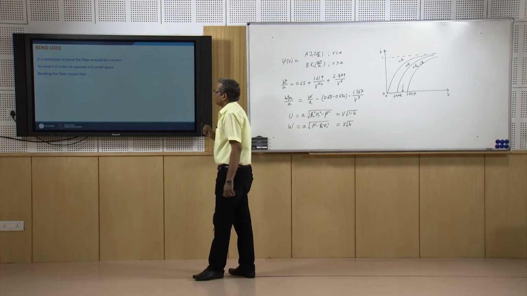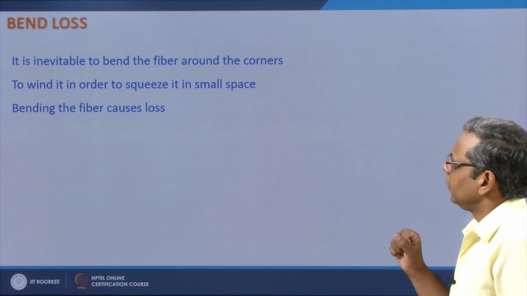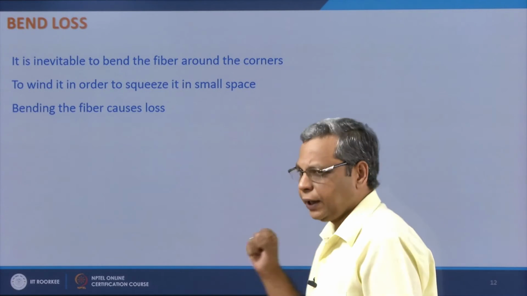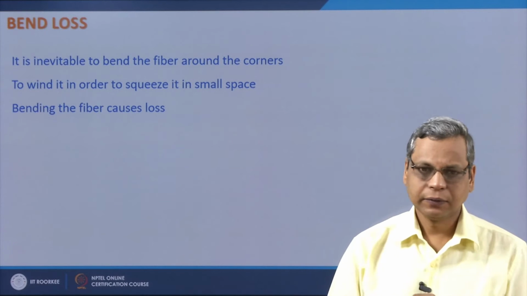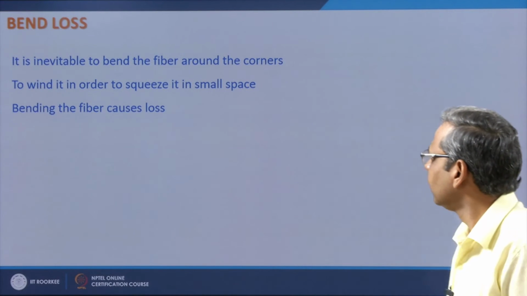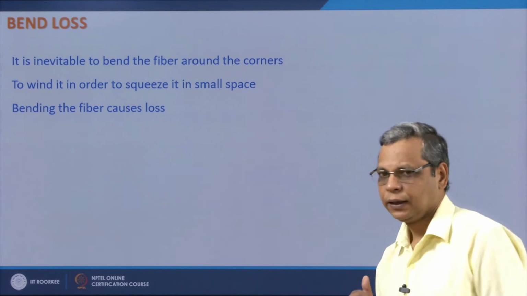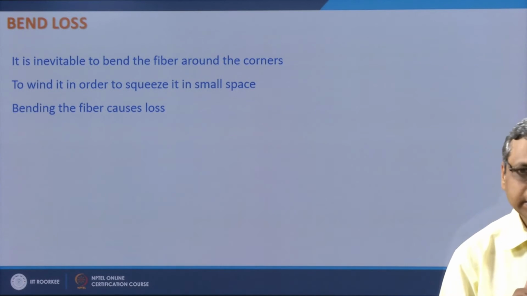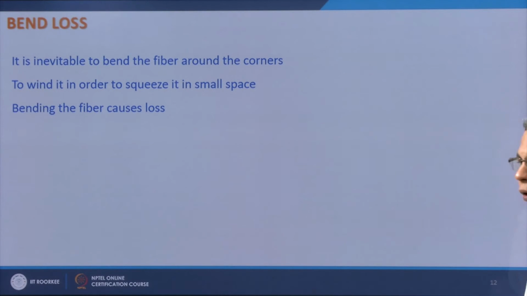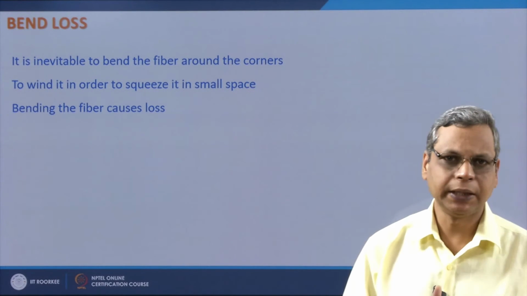So it is important to find out what happens when you bend the fiber, and we will see that bending of the fiber causes loss. How much loss does it cause? On what parameters of the fiber does it depend?